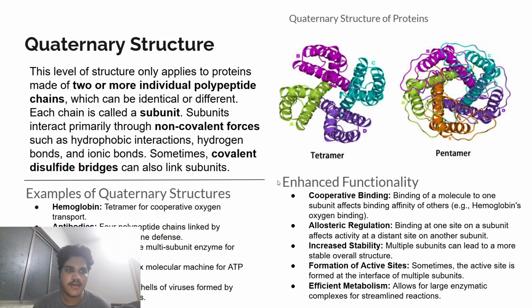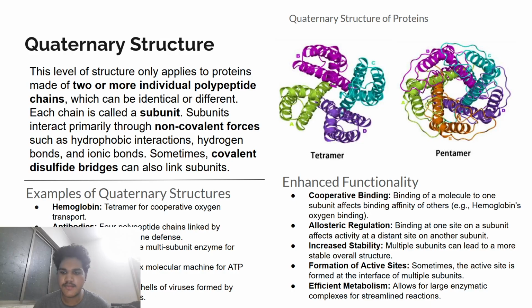Enhanced functionality. What does quaternary structure provide to the protein that it needs to exist in such a subunit form? Cooperative binding: binding of a molecule to a subunit affects binding affinity of others, for example hemoglobin's oxygen binding.